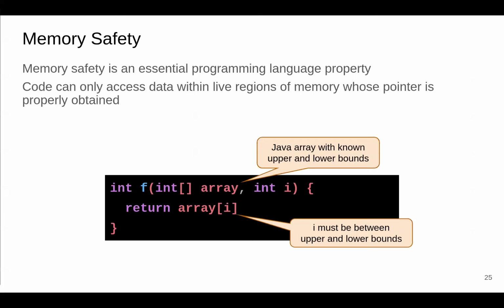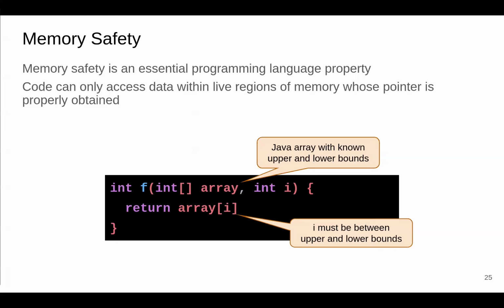So here we've got an array with known upper and lower bounds, and I must be inside these bounds. So I must point somewhere into this array and not outside it. This is the definition of memory safety. Now, the runtime system should detect and prohibit accessing data outside of these bounds and terminate the program if such an access happens.